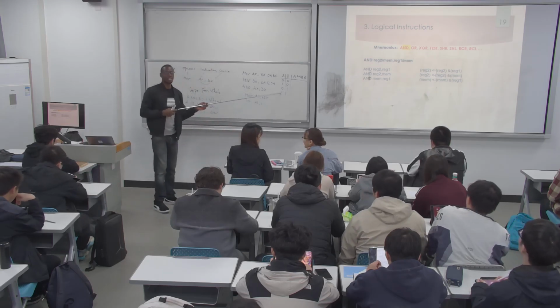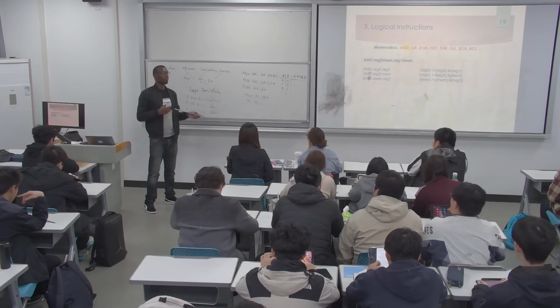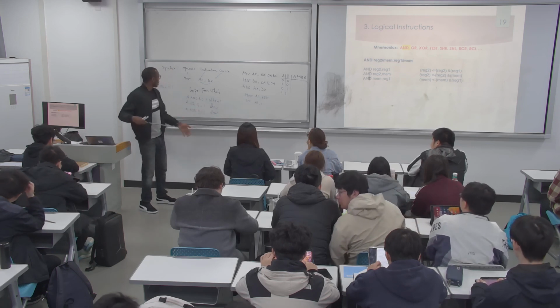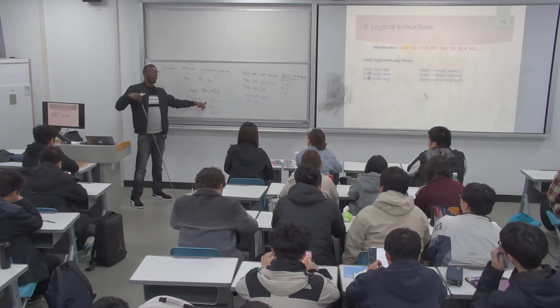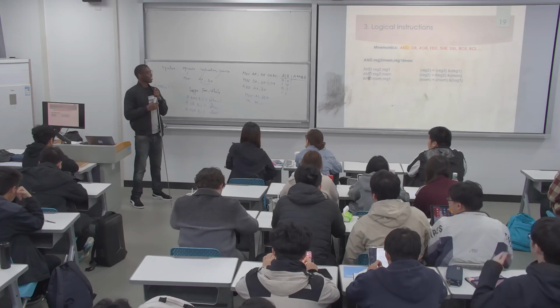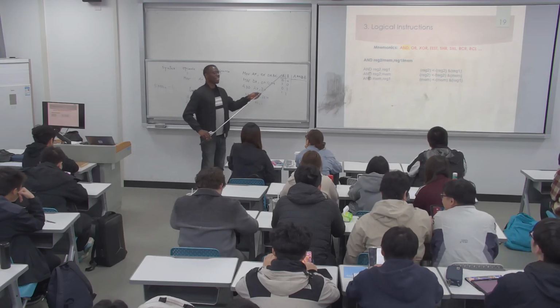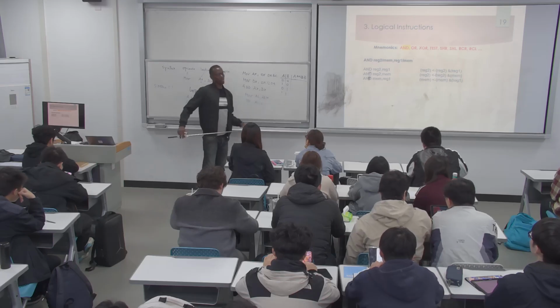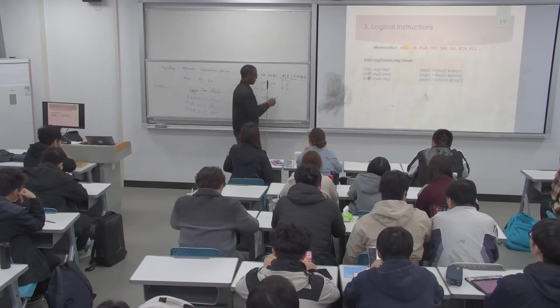You learned about this, yes or no? Is this your first time to see this? No, tell me then. We have the AND logic operation. A AND B equals 1 when? When both A and B equal 1. Okay? Clear?